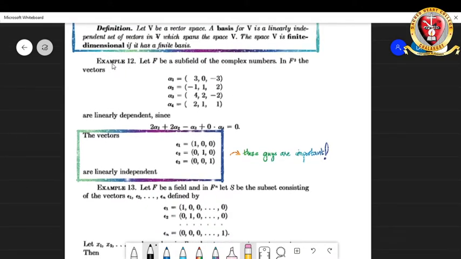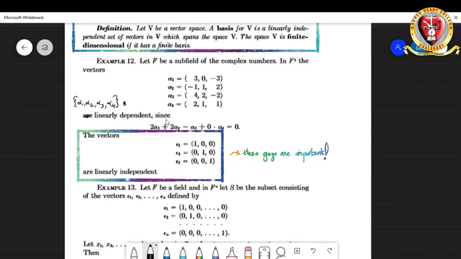You can see example 2. Suppose F is a subfield of the complex numbers. In F^3, we are considering the vectors alpha 1, alpha 2, alpha 3, alpha 4. You know that these are all three-tuples. And we are claiming that these four vectors, the set alpha 1, alpha 2, alpha 3, alpha 4, is linearly dependent.